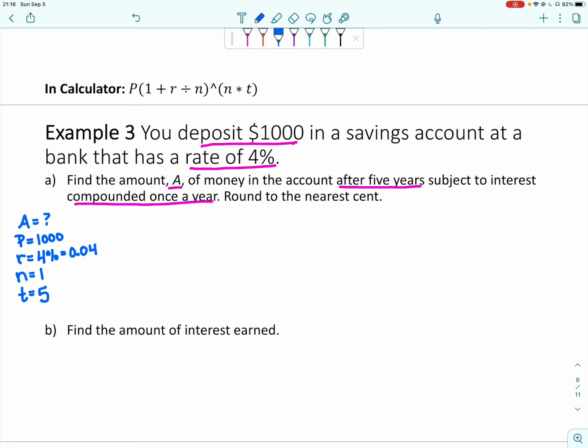Now that I've done that, I'm going to actually plug this into the formula. I am less likely to make a mistake when I do it this way. And I'm writing it out in the way that you can type it into your calculator.